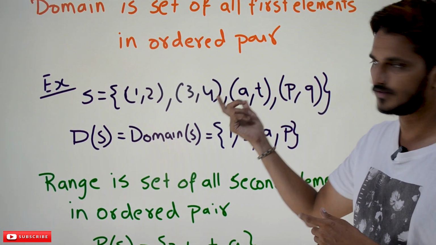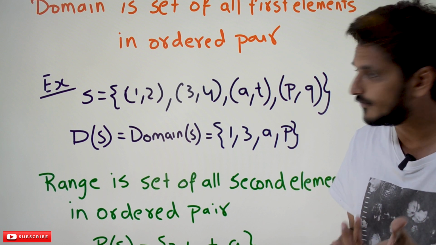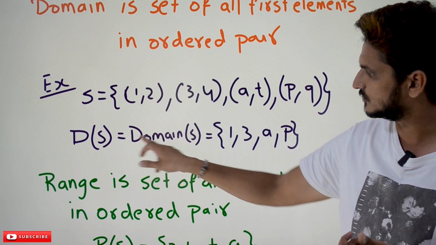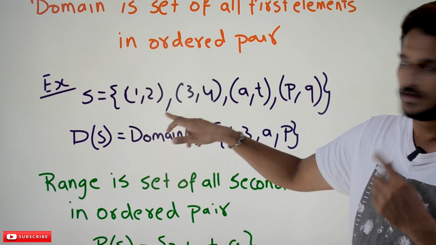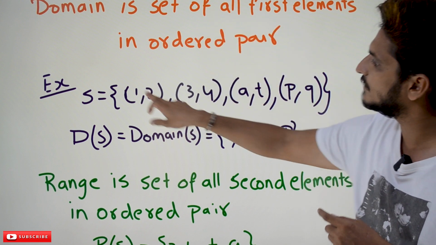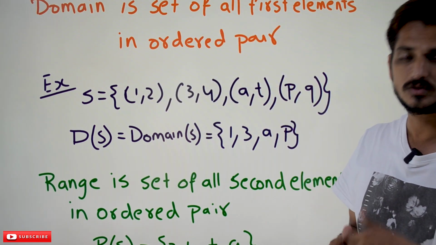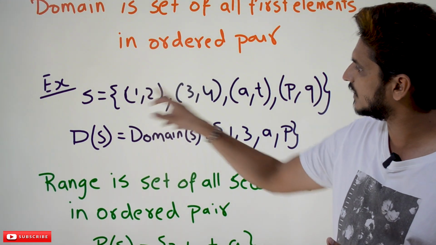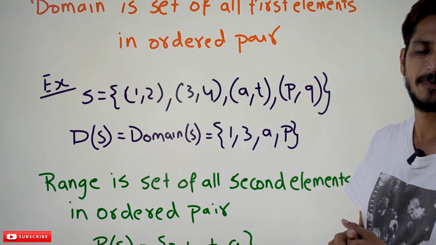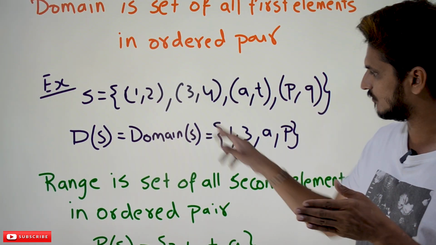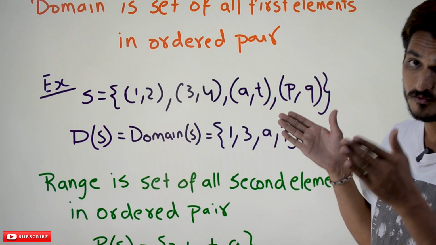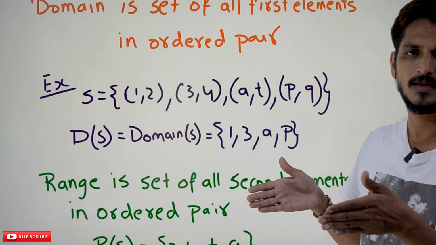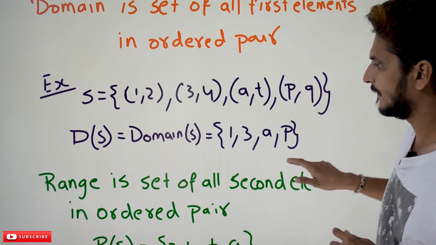This is the relation S. The domain of S, D of S, is the set of all first elements in the ordered pairs. What are the first elements in the ordered pairs? 1, 3, A, P. That is what we call the domain. 1, 3, A, P, the set of all first elements, we call the domain.